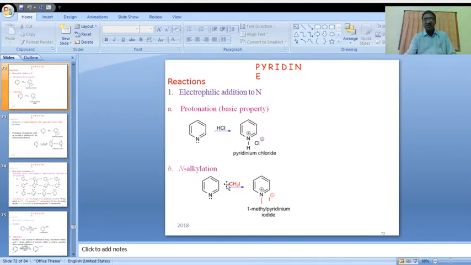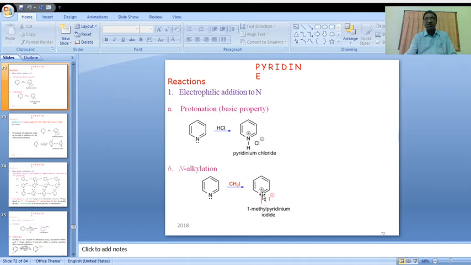In methyl iodide, the CH3+ attacks the nitrogen. Here CH3, the methyl, is attached. In this case, the nitrogen heteroatom gets a positive charge.